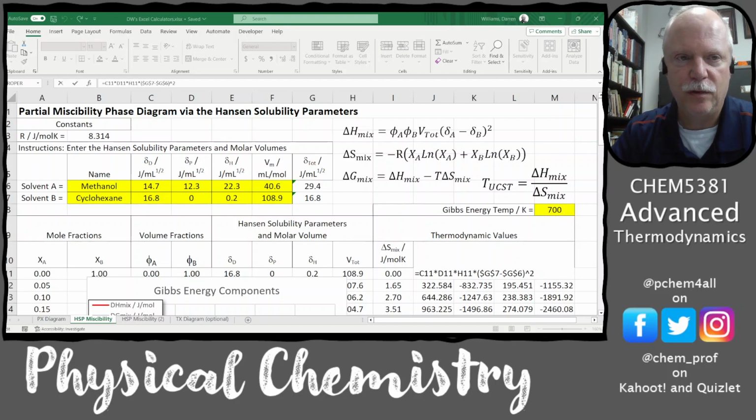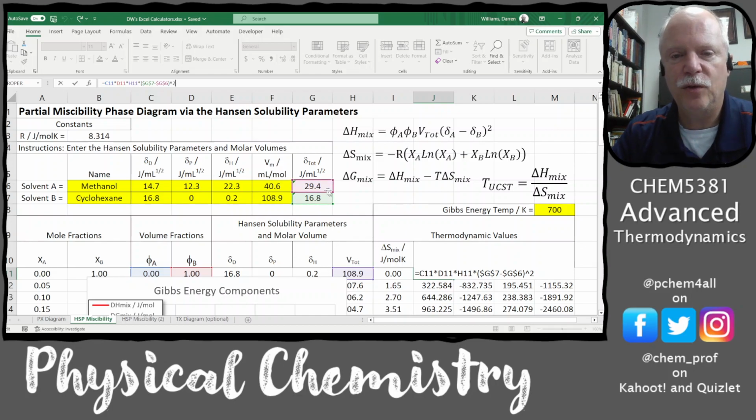So that's what we have. So I can click on that formula and you can see them. So it's the volume fraction for A, volume fraction of B, total volume for that particular substance, which is a pure substance in this case. For the others, it's a mixture, times the difference.